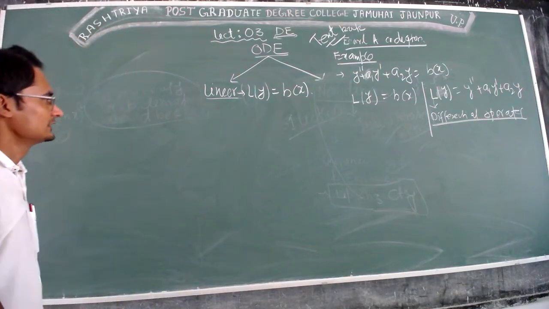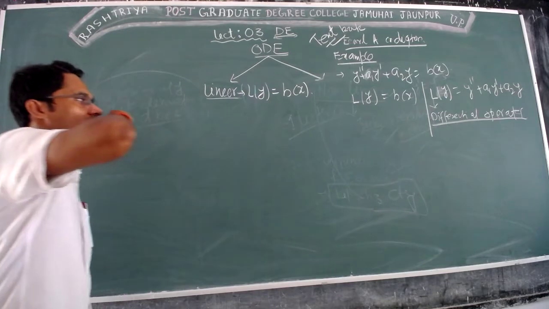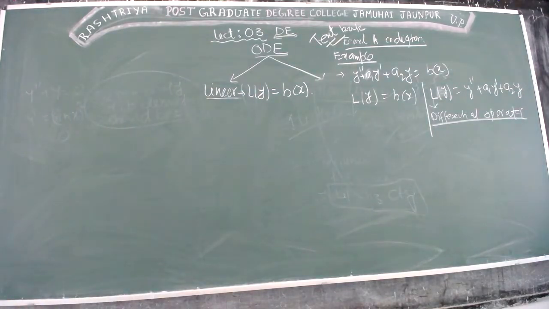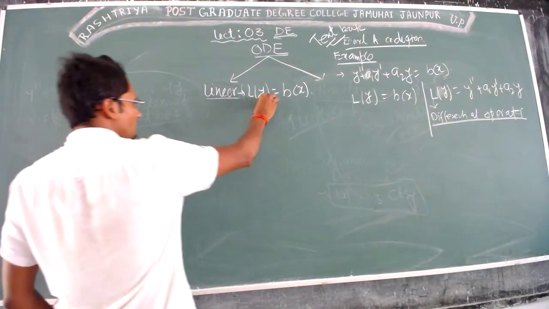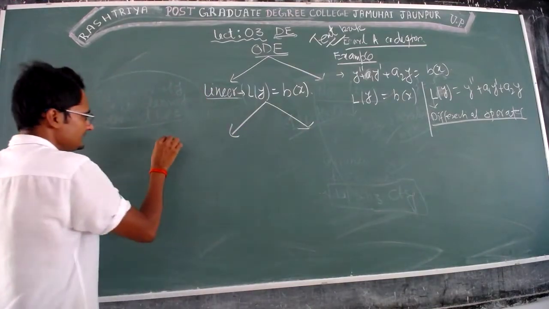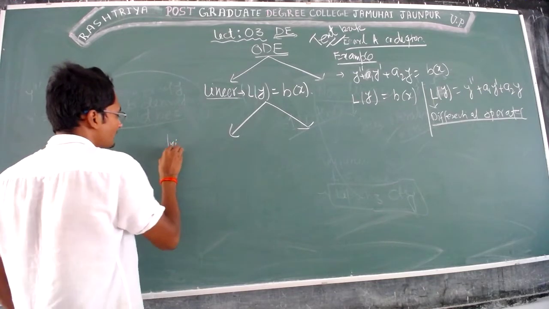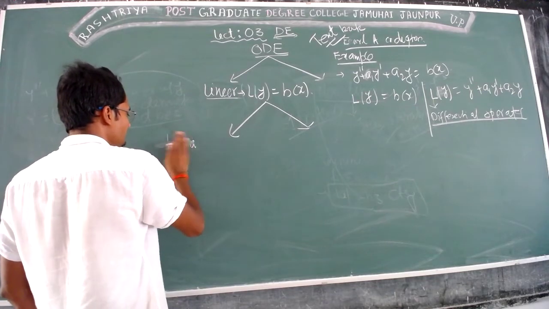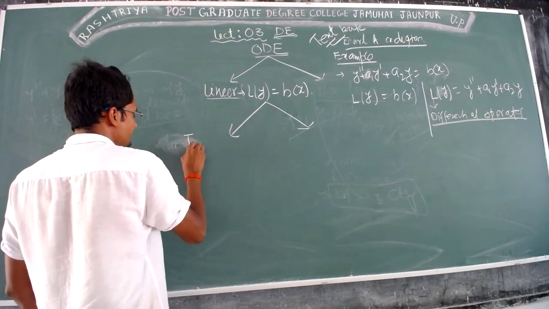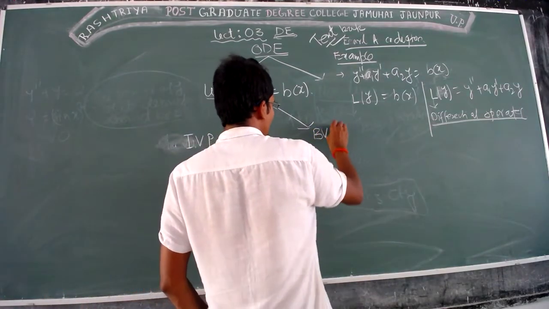Now we have two classifications from here. One is the initial value problem, which we will denote as IVP, and another is the boundary value problem.